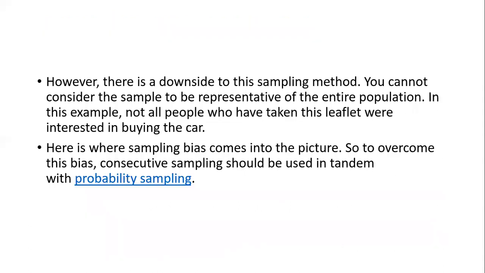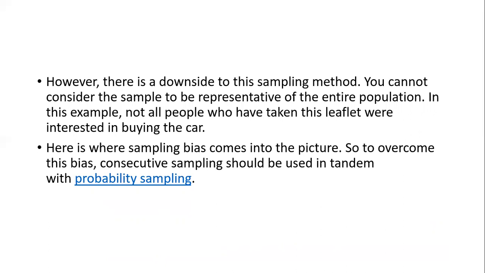However, there is a downside to this sampling method. You cannot consider the sample to be representative of the entire population, because the sample is very easily obtained. In this example, not all people who took the leaflet were interested in buying the car. That is going to happen, obviously. This is where sampling bias comes into the picture.